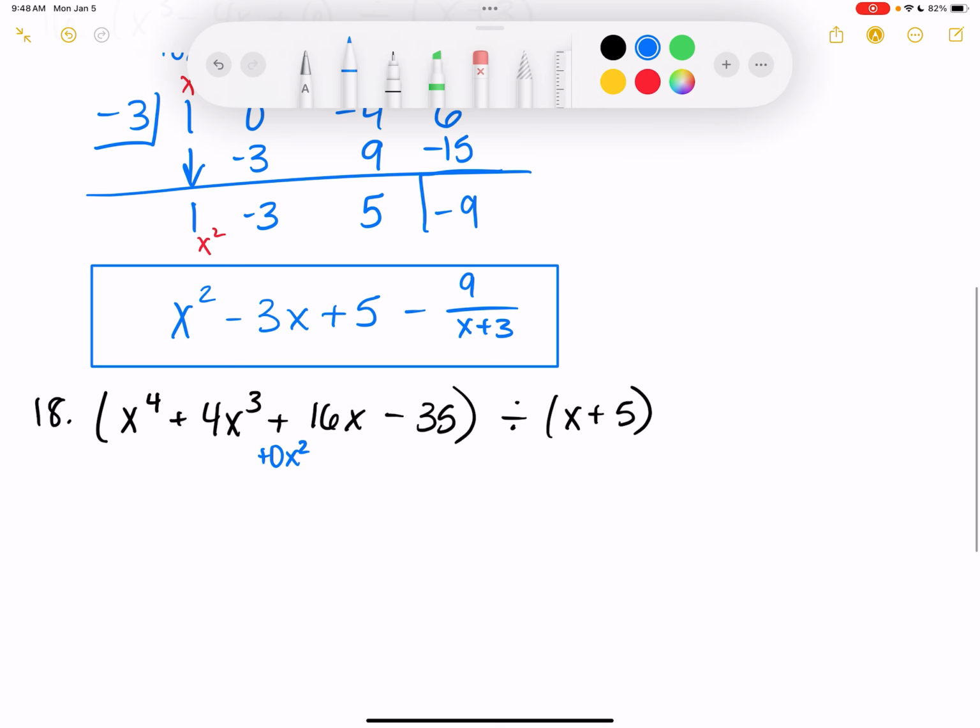So in the box, I put a negative 5. And then I've got 1, 4, 0, 16, and negative 35.